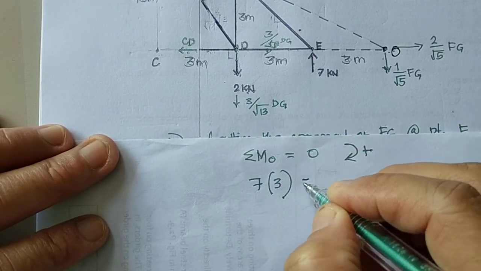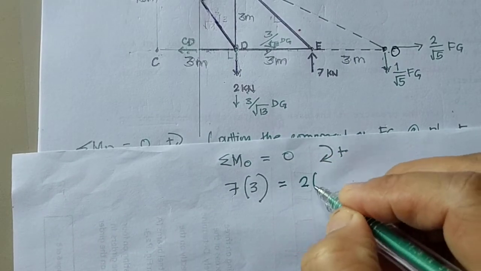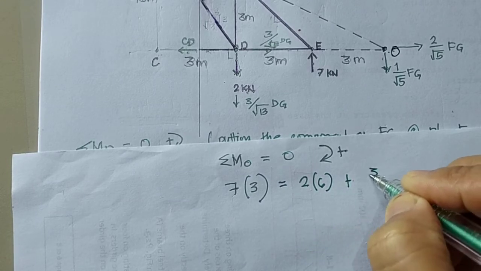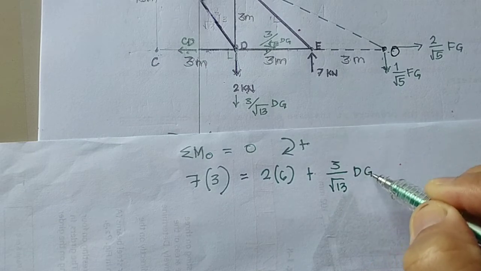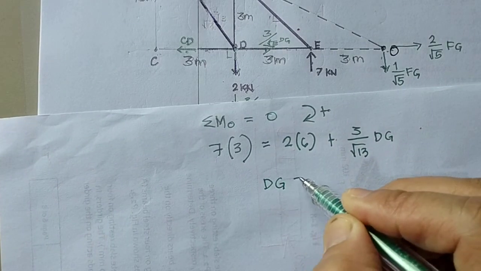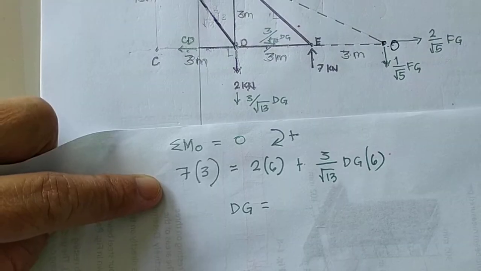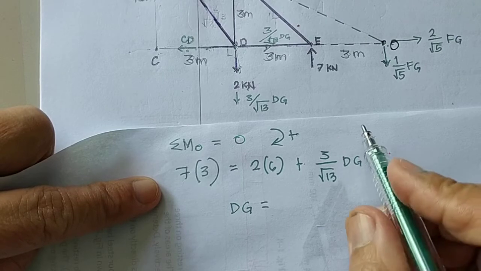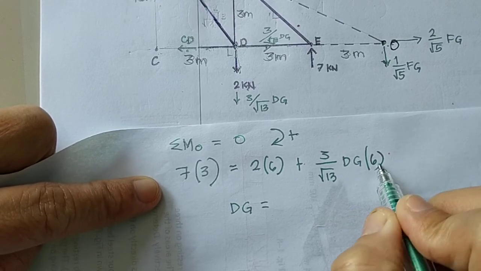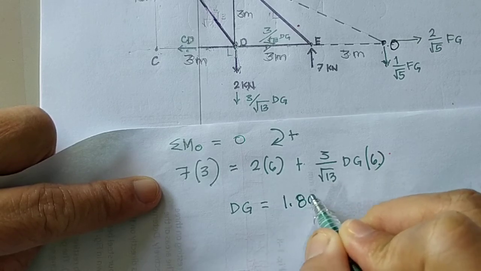Let us put it to the other side of the equation: 2 multiplied by 6 plus 3 over square root of 13 DG. DG equals, we should get the same answer as 1.80. Putting the moment of the vertical component multiplied by 6, when you compute it, it will give us the same answer, 1.80 kilonewton.